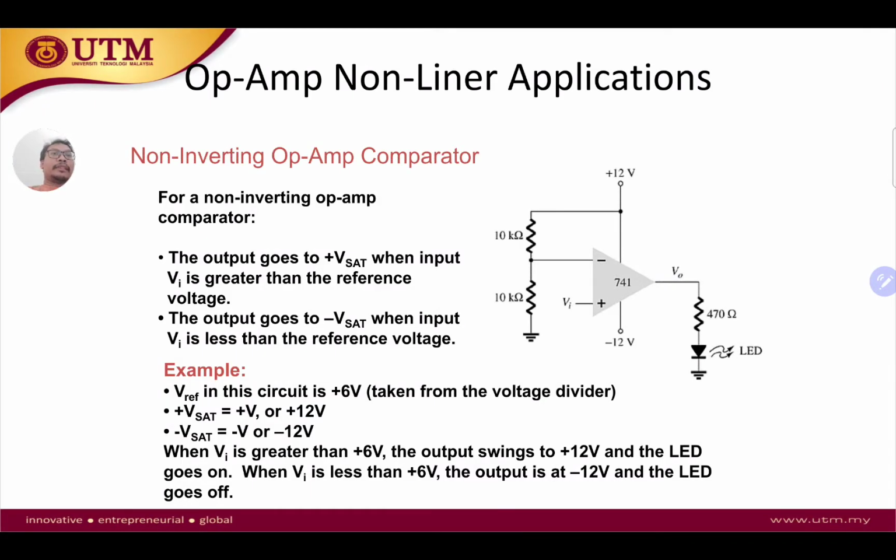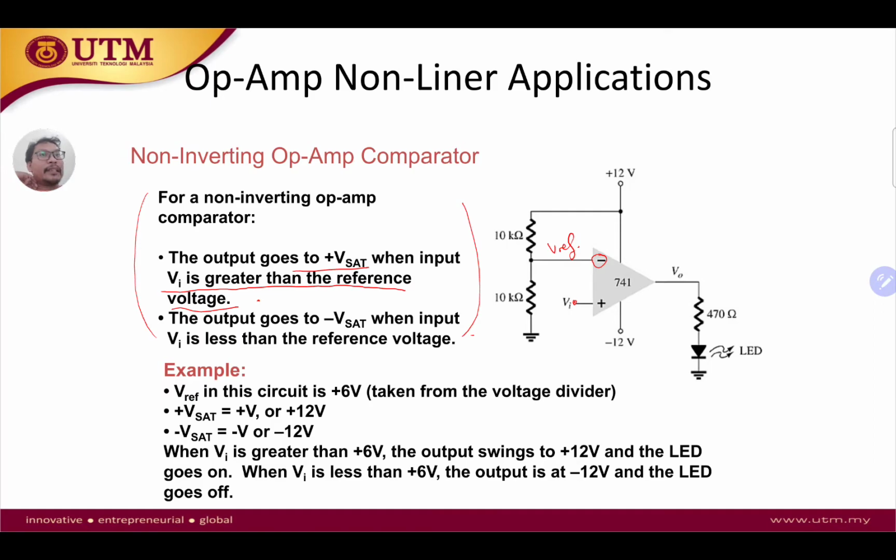Looking at more details on the non-inverting comparator, we can also do a setup with some resistors. Basically the theory on the non-inverting comparator is that the output goes to plus V sat when input Vi is greater than the reference voltage. In this case Vi is here, and the reference is on the negative terminal of the op-amp.